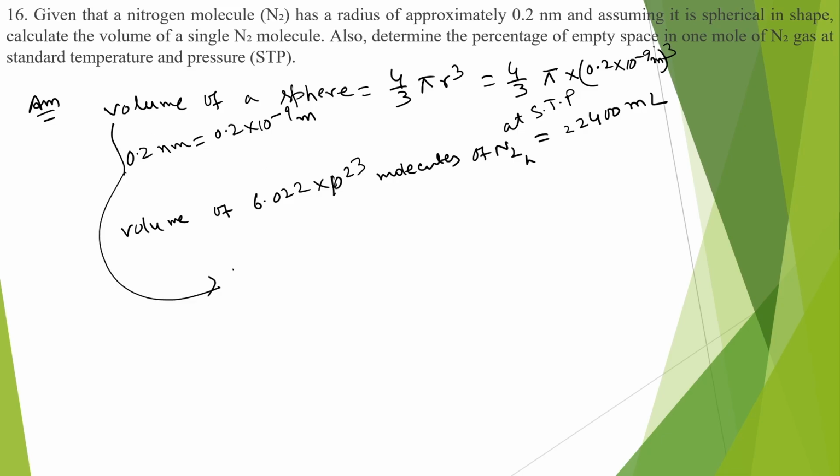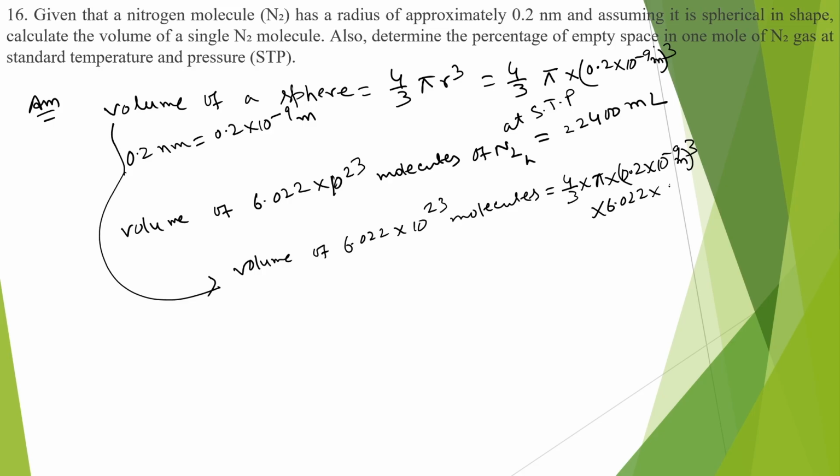So, volume of 6.022 times 10 to the 23 molecules is 4 by 3 times pi into 0.2 times 10 to the minus 9 meter cube times 6.022 times 10 to the 23. So, this is the calculated value for Avogadro number of nitrogen molecules.